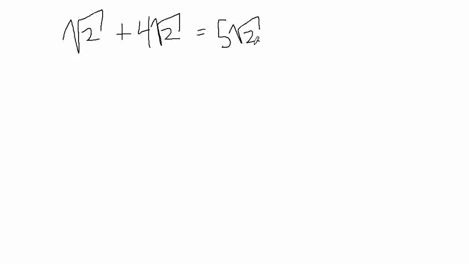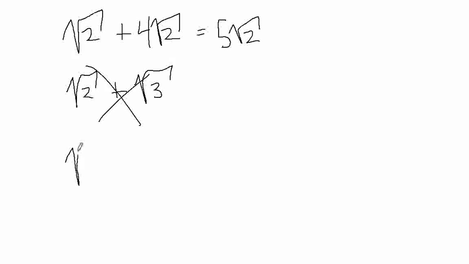Now also recall that we cannot add radicals that have different numbers underneath. So we can't simplify root 2 plus root 3. However, sometimes you can modify the radicals such that you do have the same number underneath the two radicals.